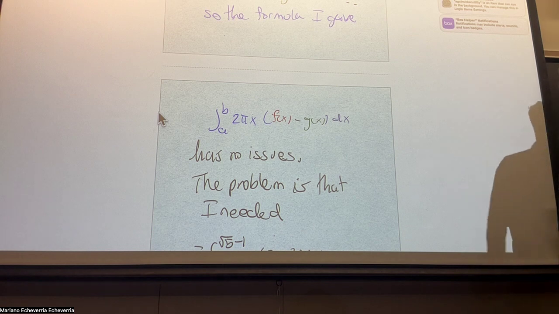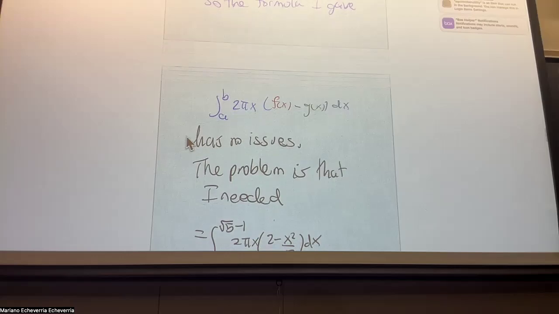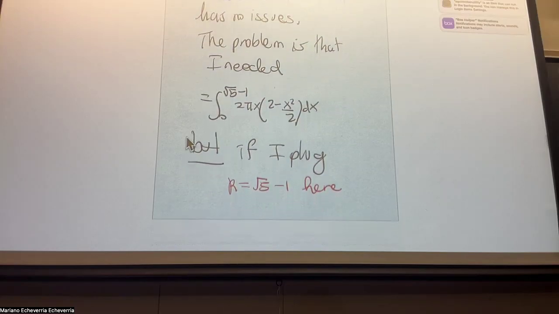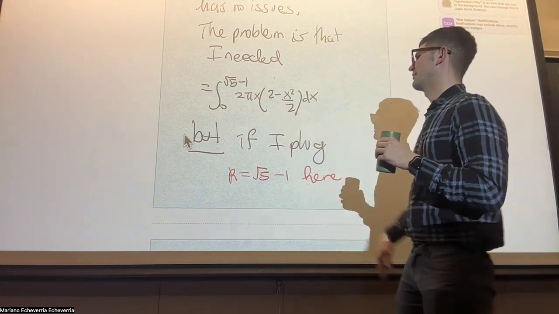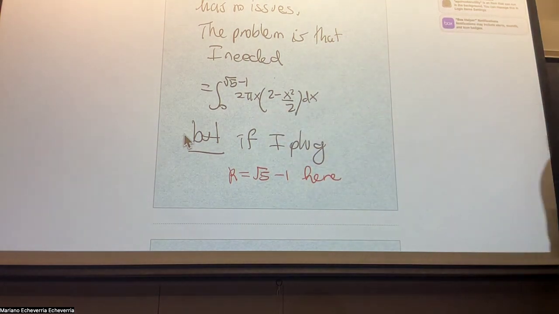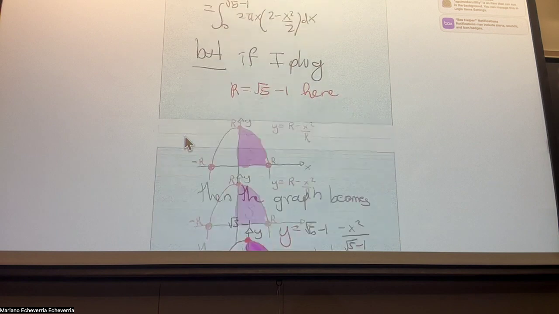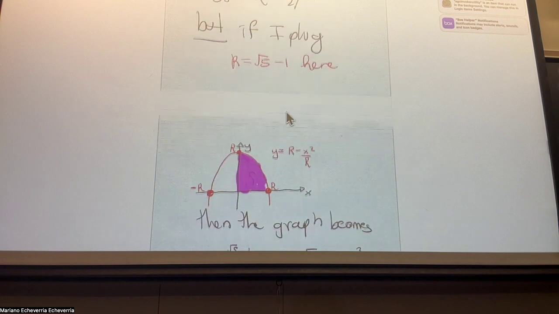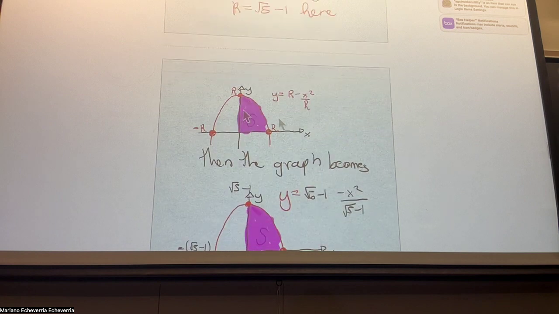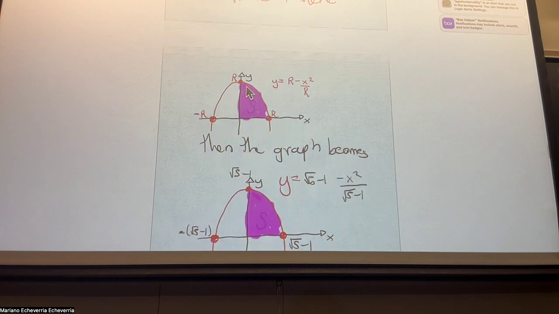So the problem I had, which was very silly, is that I needed this integral. That was the one that gave me issues. I was being lazy because in the first example or the second example, I had computed the value for the integral.